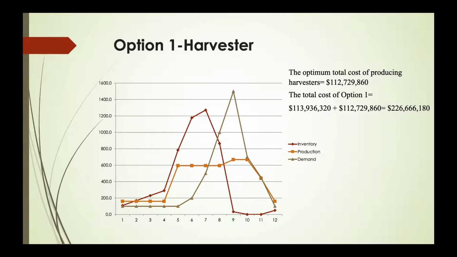Similarly, the production and the inventory of harvester also fluctuate greatly within a year. From May to October is very high, and the remaining months are low. The optimum total cost of producing harvester in option 1 is 112,729,860. The total cost of option 1 is to add them together.